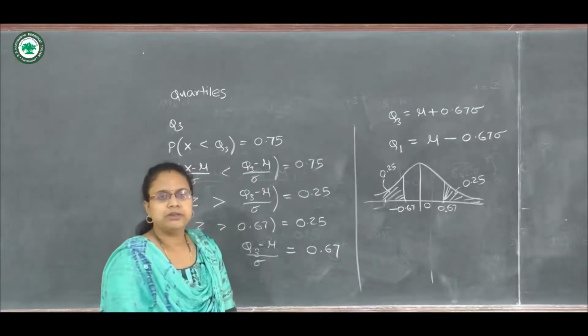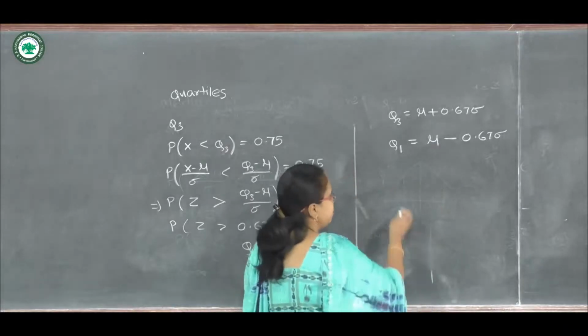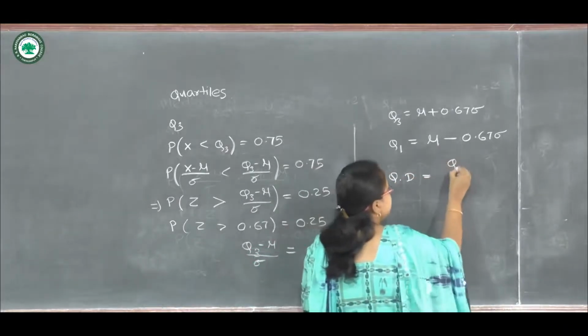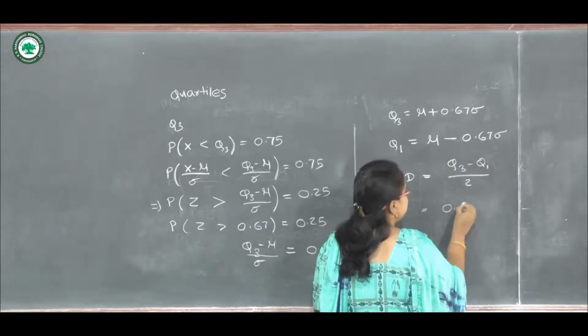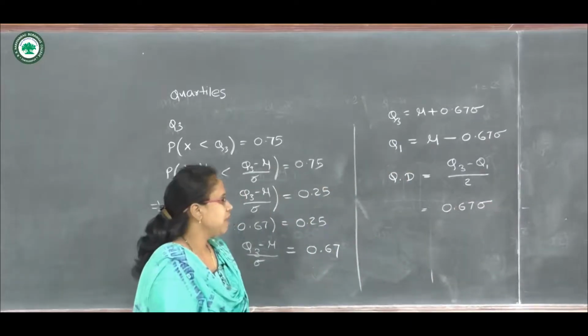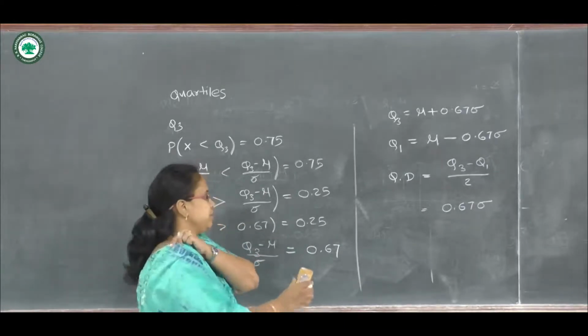Now we will calculate its quartile deviation. The formula for QD is Q3 minus Q1 upon 2. If we solve this, then we will get 0.67 sigma. So this is the quartile deviation for normal distribution.